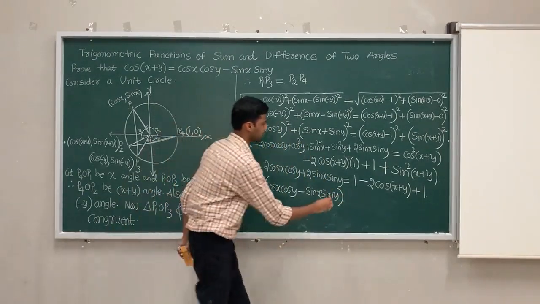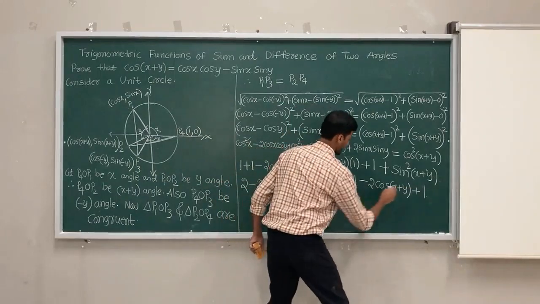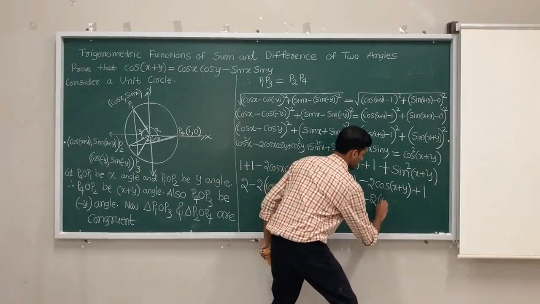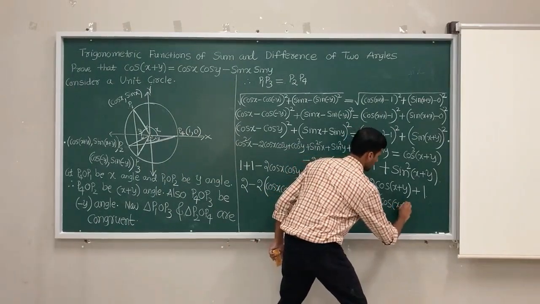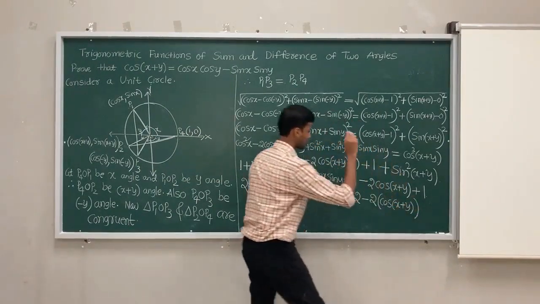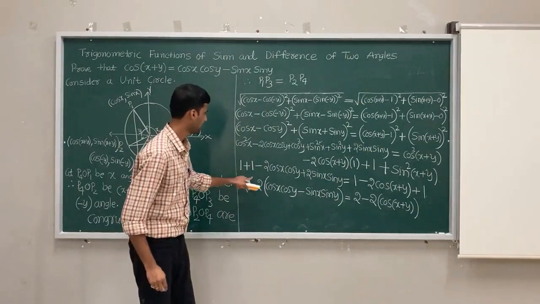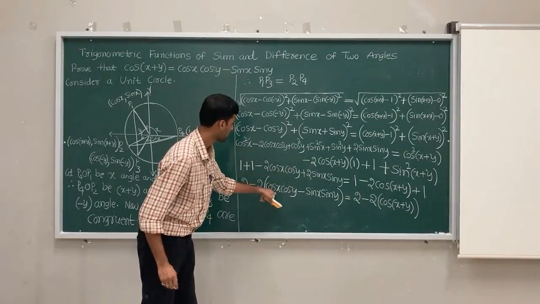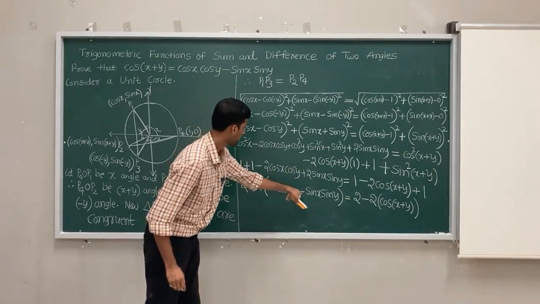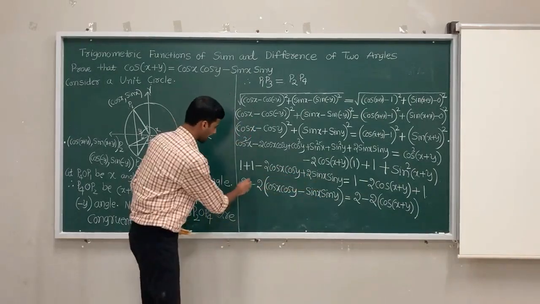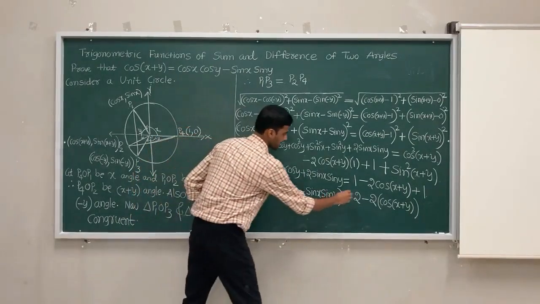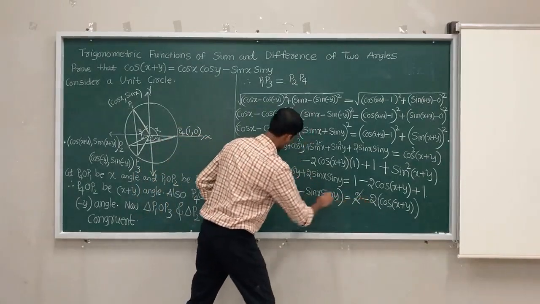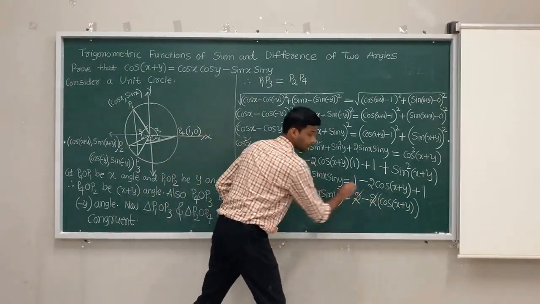Close the bracket. Which is equal to 1 plus 1, 2. So 2 minus 2 times cos of x plus y. Hope you understood. Because 1 plus 1 is 2. In these two expressions, I have taken minus 2 common. So cos x cos y, and as you have taken minus common, minus sin x sin y. Now you will cancel minus 2 here with minus 2. So you are left with minus 2, here minus 2. So again they cancel.